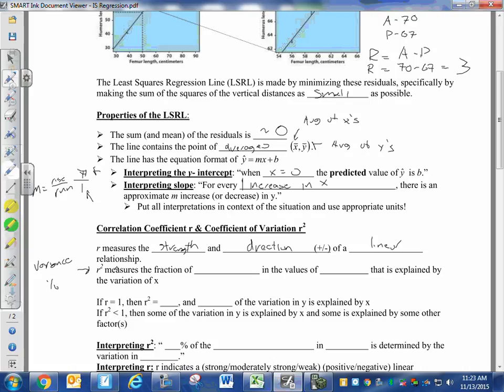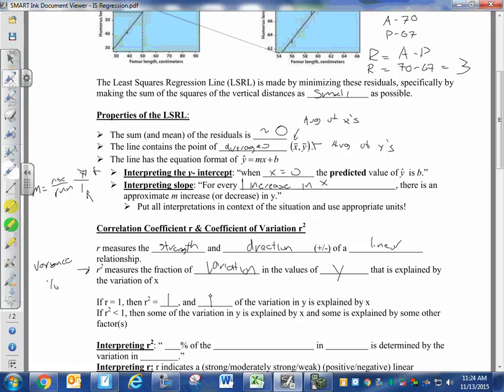R squared measures the fraction of variation in the values of y that is explained by the variation of x. Variation in the values of y that is explained by the variation of x. If r is 1, r squared is 1, sure.